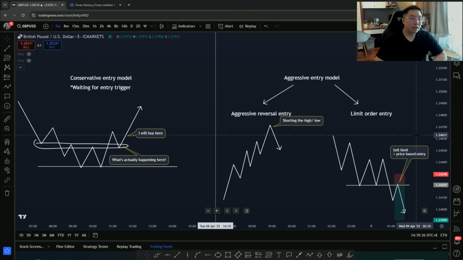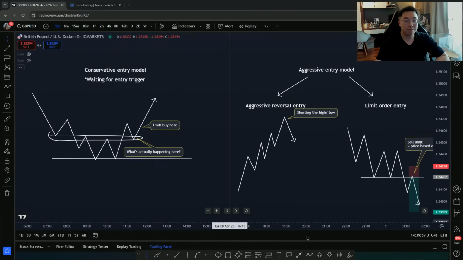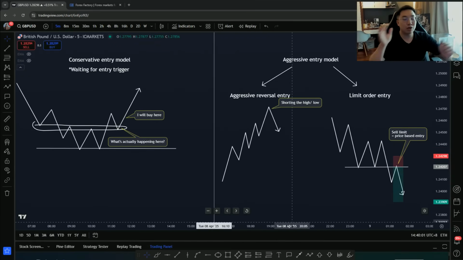I will always suggest, if you are a new trader here, or if you are a struggling trader, always having issues dealing with overtrading, revenge trading, FOMO, or any sort of emotional or impulsive behavior, to go for limit orders, to have all your entry system set with limit orders.